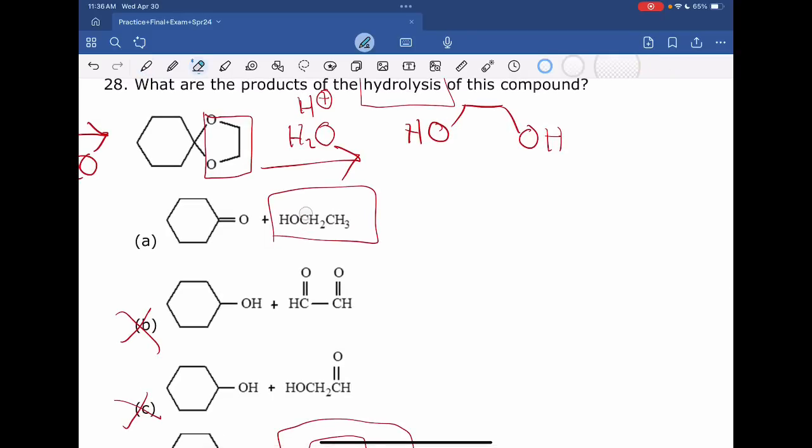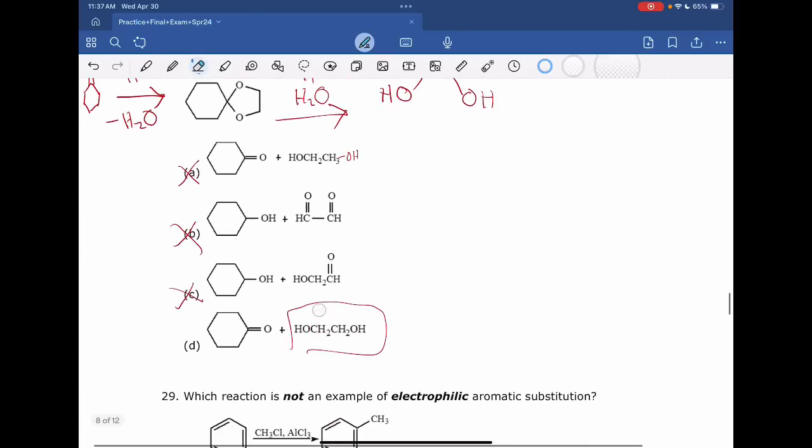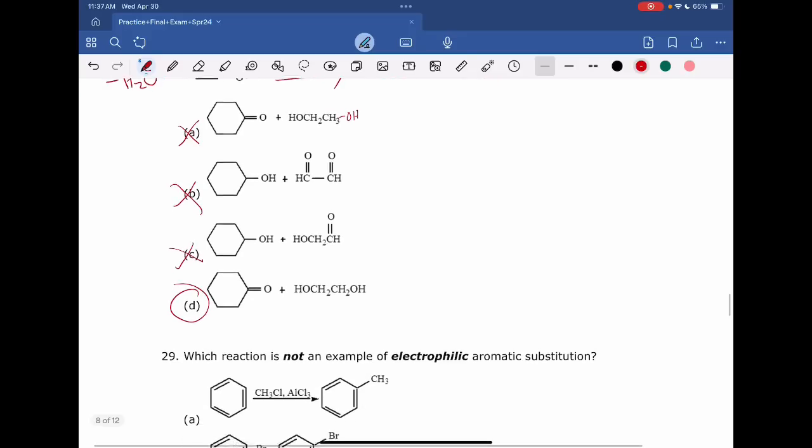Ethanol is not used to protect things. I mean, this OH can definitely attach to this carbon, but you would need another OH that also attaches so that you can form this nice little protecting ring. So A is wrong. You need ethylene glycol specifically, or something with 2 OHs that you can attach. So it's D.